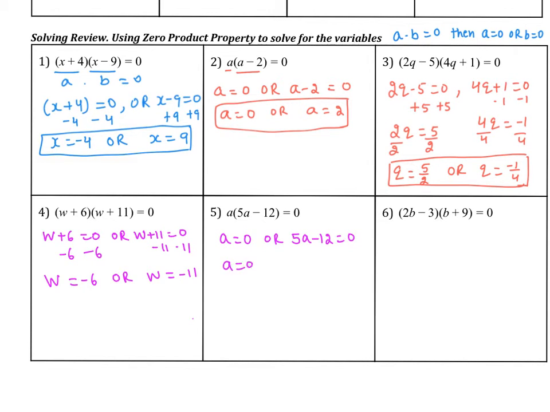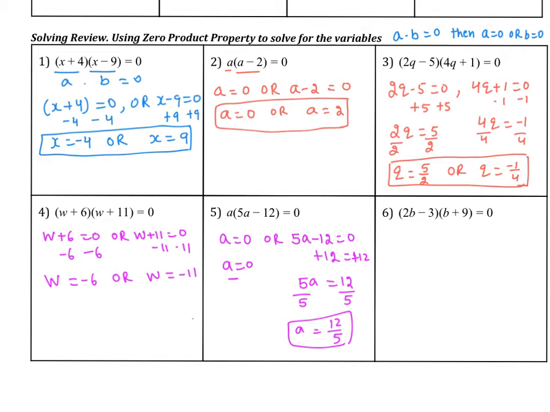This one a is already solved, so this equals 0. For the other one, you have to add 12 on both sides, and then divide by 5 on both sides to get the a value. So a is 12 over 5. So either a should be 0 or a should be 12 over 5 in order to make this expression equal 0.